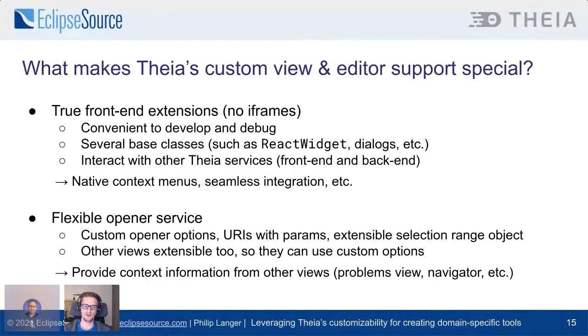And that additional context information is really super useful, especially if you have, for instance, problem views that can directly jump, also in a custom editor that is not text-based, to a certain part where the problem actually occurs, or react differently when you, for instance, open a library from a project explorer that we've just added here in the customization. So this way you can really add additional information.